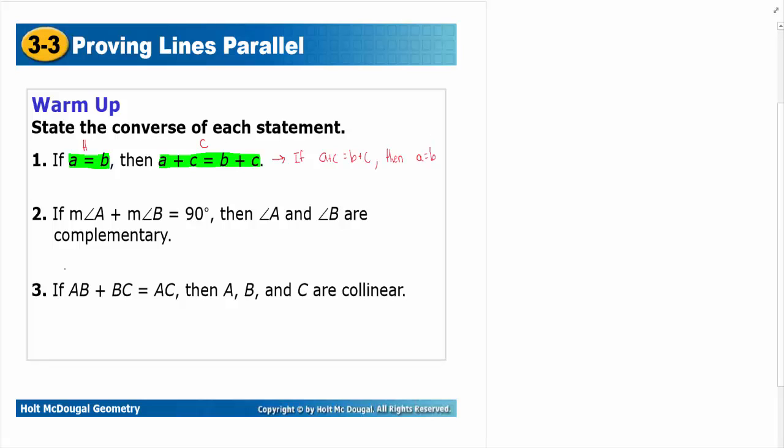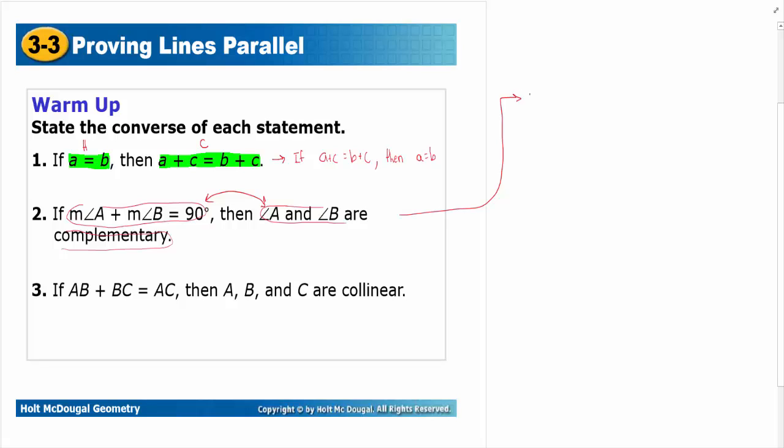them around. Alright, number 2, using the same concept, take the hypothesis and conclusion and switch them. So I'm going to take these two statements and they're going to switch places. I'll do it out here so I have a little bit more room.